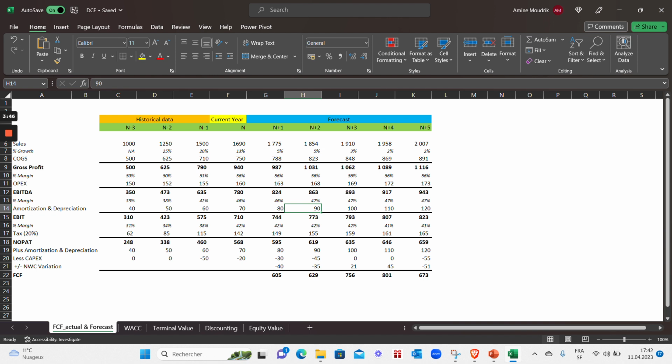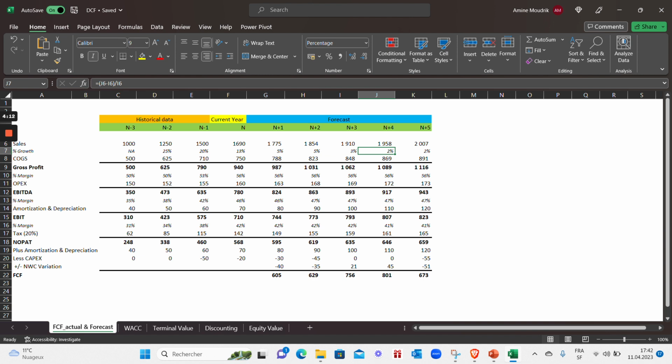If you look at this example, I have taken a hypothesis of a sales growth rate of 5% in year 1, 5% in year 2, 3% in year 3, and 2% in both years 4 and 5.